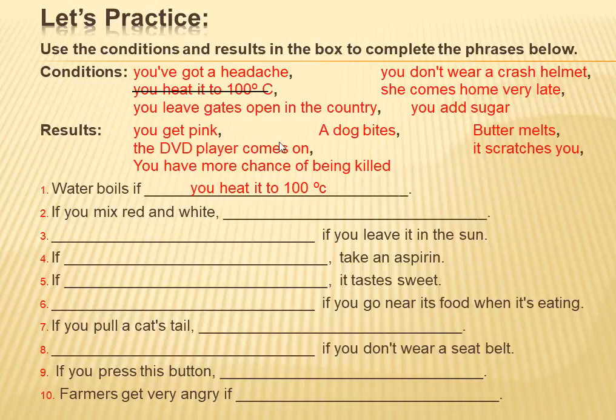Which one do you choose? You get pink, right? I would choose this one. Yes, you get pink. Number 3: if you leave it in the sun. What is it? I choose this one. Yes, butter melts if you leave it in the sun.